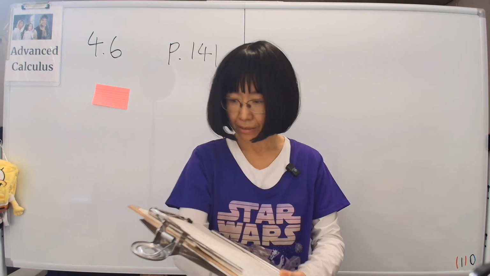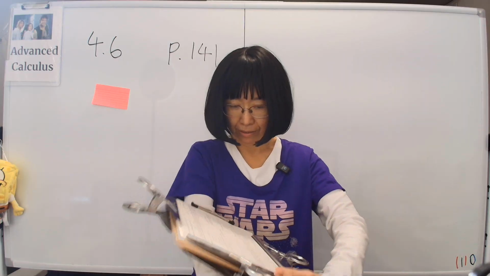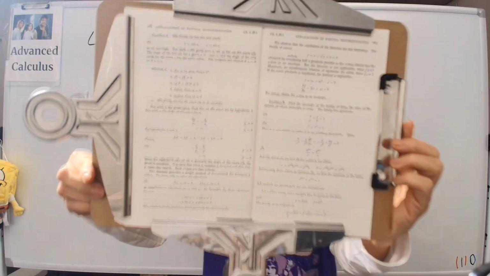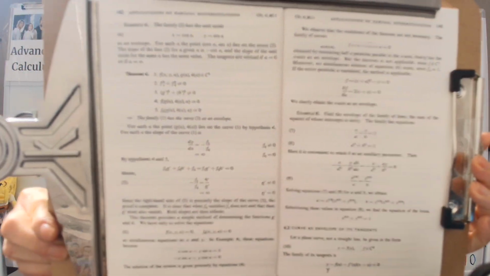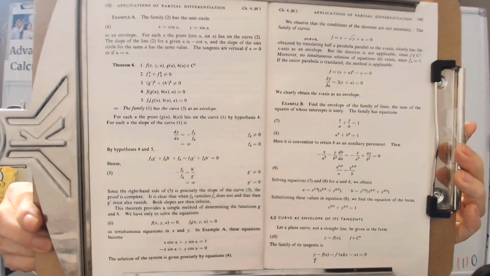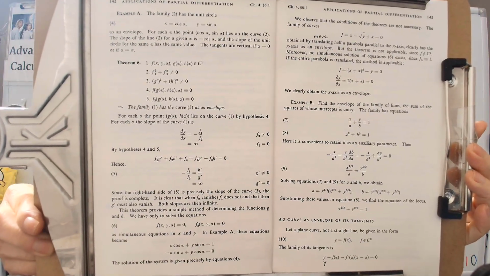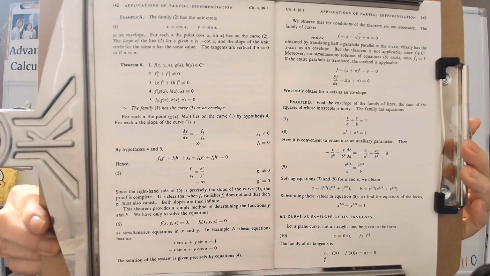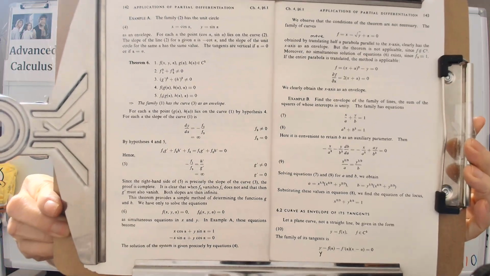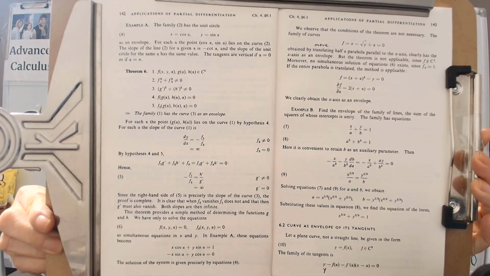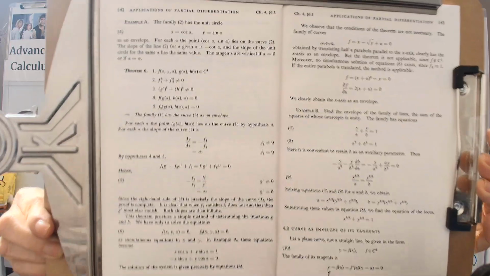And next, page 142 and 143. Let's see. Okay, that's zoomed in. That should be good enough. Kind of tilted. Let's see, maybe I turn it this way. Okay, and then zoom in a bit closer on top.